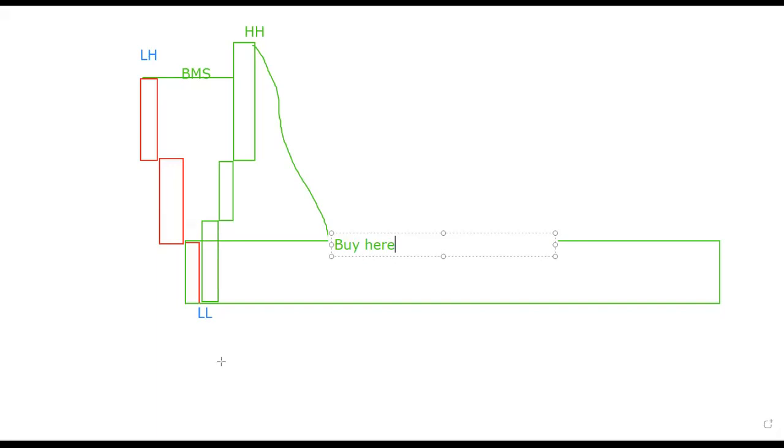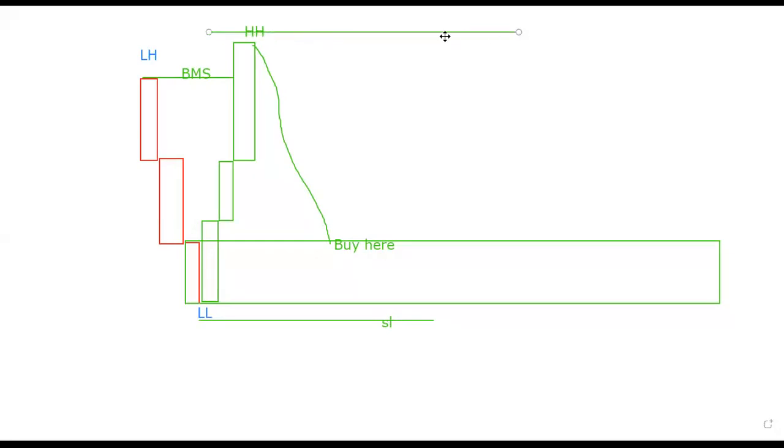So this low here is the area where we are going to place our stop loss. We're going to buy here, and take profit now will be the other side high. This high is where we are going to place our take profit. So this is our SL, this is where we buy, this is our take profit.